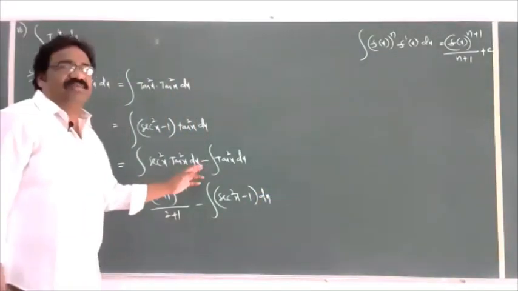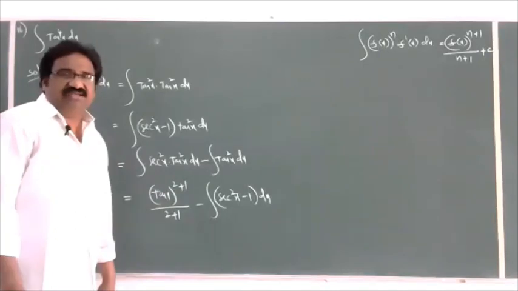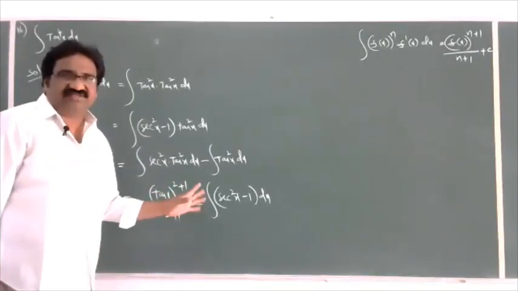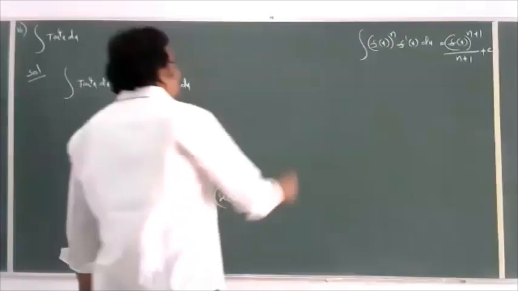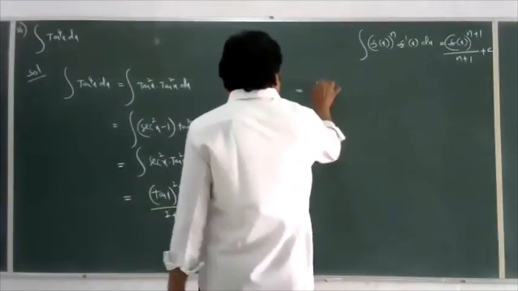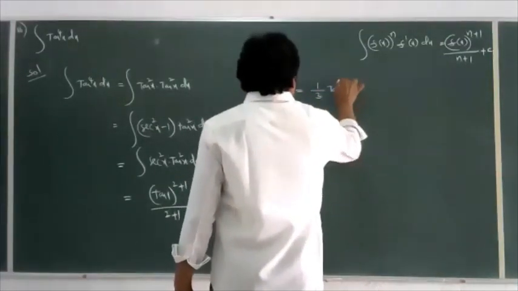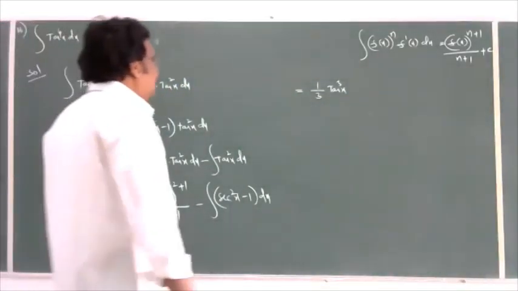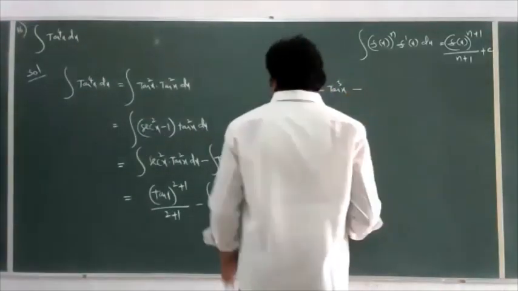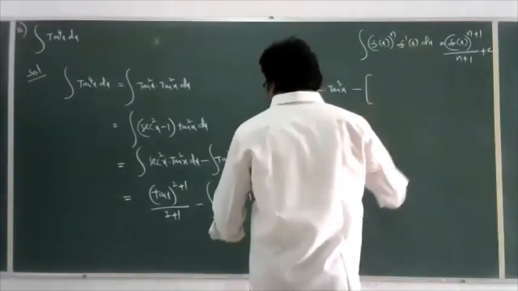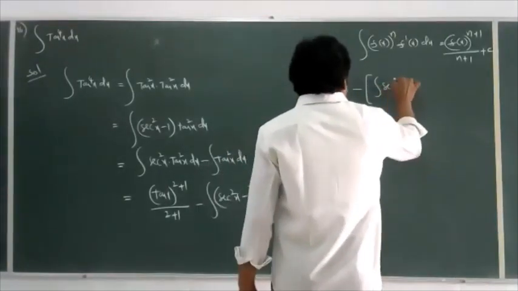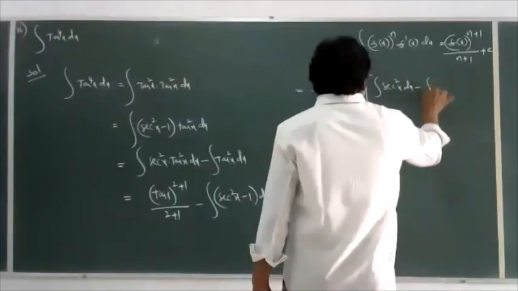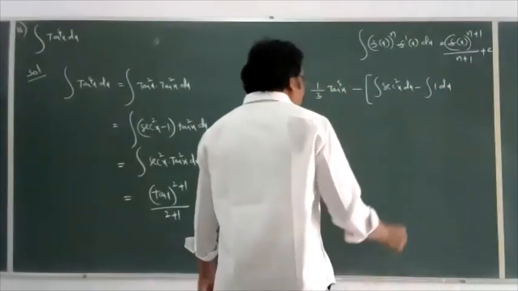There is no direct formula for integral tan square x. That's why you write tan square x as secant square x minus 1. That is equal to 1 by 3 into tan cube x minus, here again split into two integrals, integral secant square x dx minus integral 1 dx.